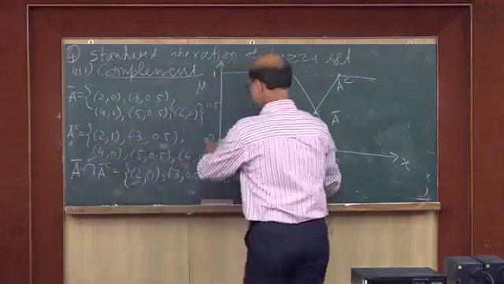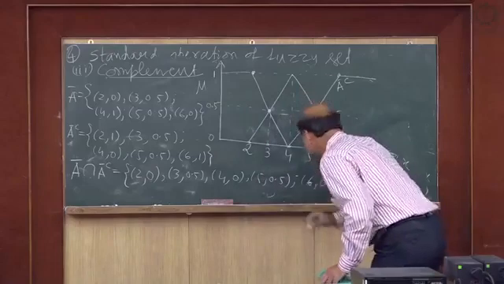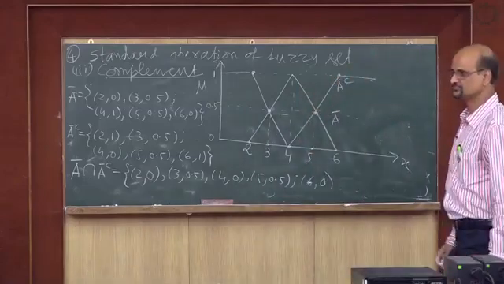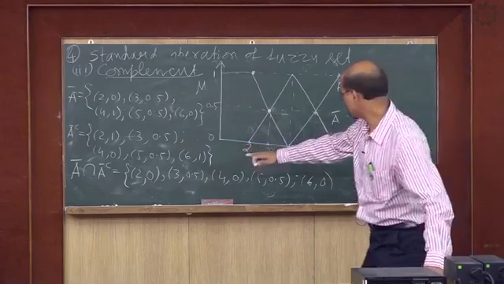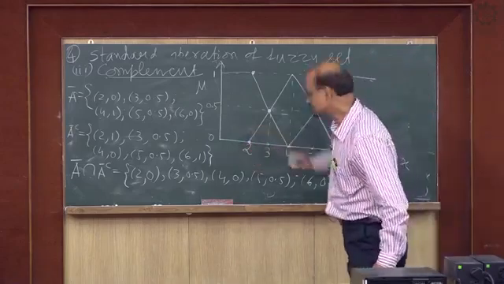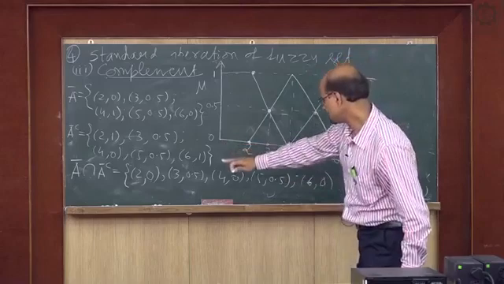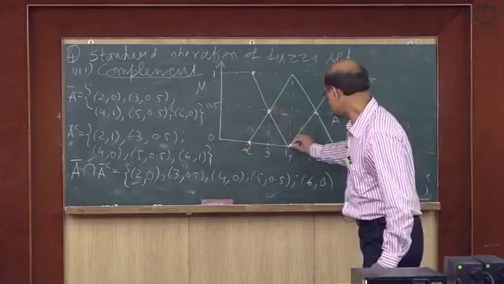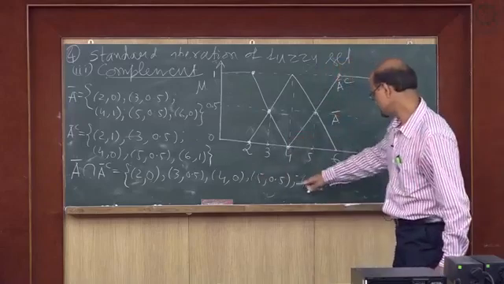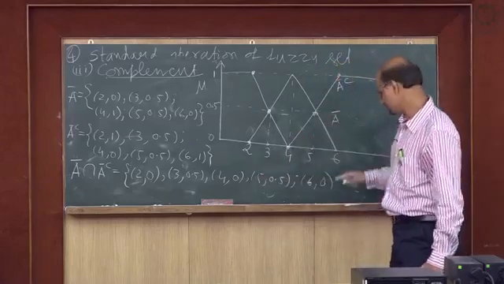So, the intersection for this case is 2, 0, 3, 0.5, 4, 0, 5, 0.5, 6, 0.